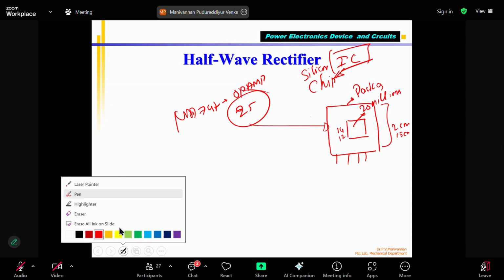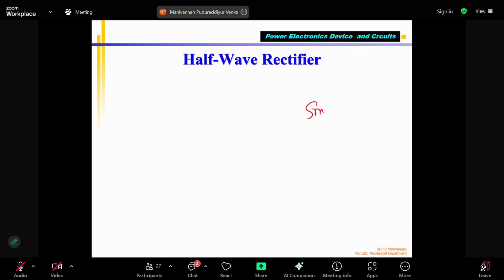Why I'm saying this is, they are all called small signal circuits. Already I told you, small signal circuits consist of devices like transistors, diodes, then FET, field effect transistor, then MOSFET.